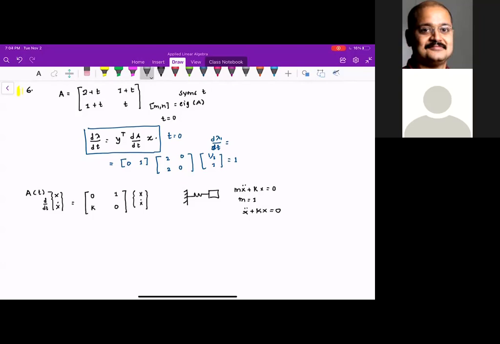Now, the stability of this system is governed by the eigenvalues of that matrix. But imagine a case wherein your stiffness matrix is changing with respect to time, which can happen in a lot of cases. Then the eigenvalues of the matrix will also change with time.